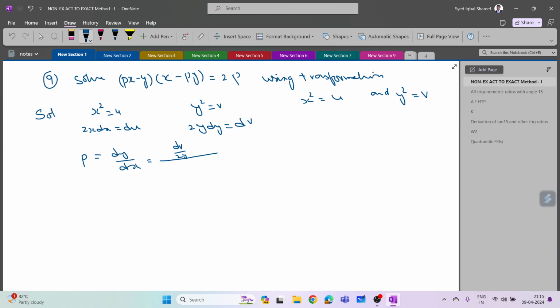What is dx? du/2x. The 2 cancels, so this reduces to p = x dv/(y du). Now we are substituting the value of p in the given equation. Put 2 in 1.